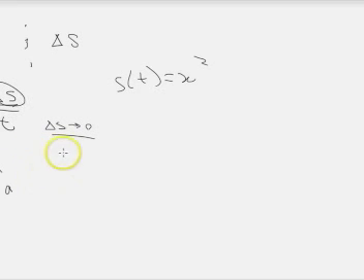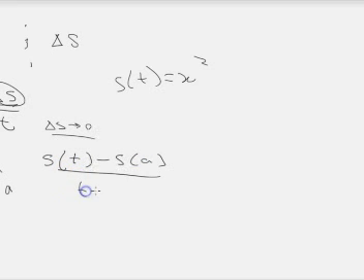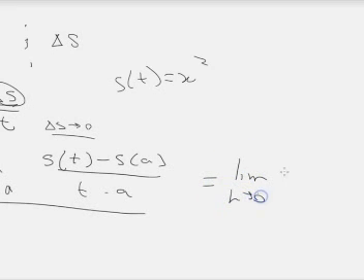But it will be s of t minus s of a over t minus a. And we see this is the first definition of the derivative. And so it can also be expressed as the limit as h approaches 0 of f of a plus h minus f of a over h.